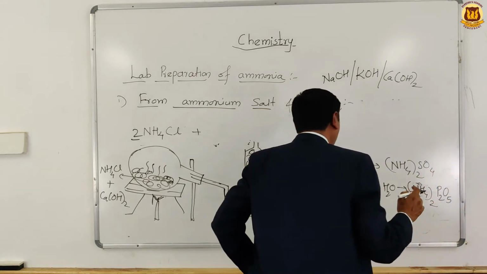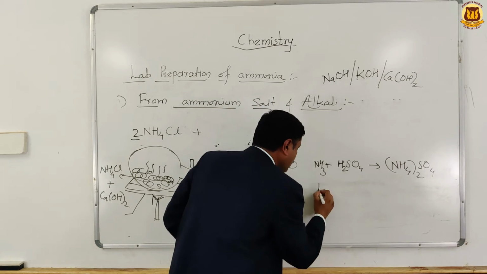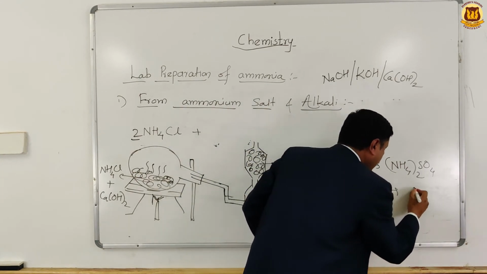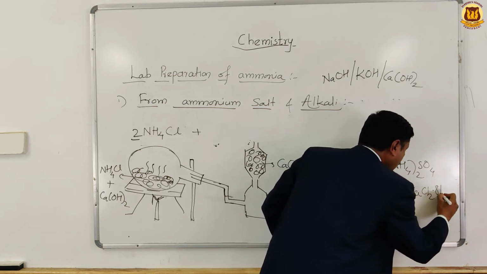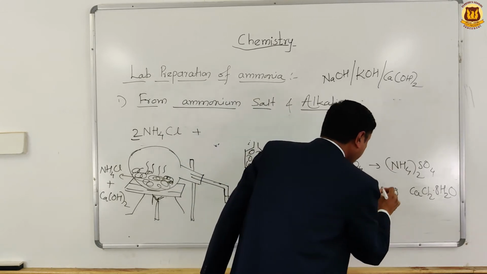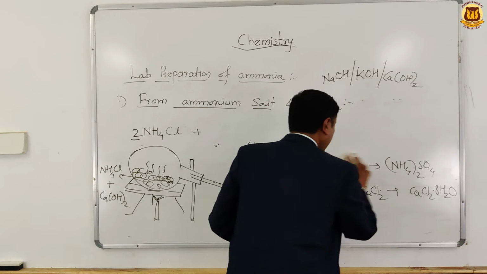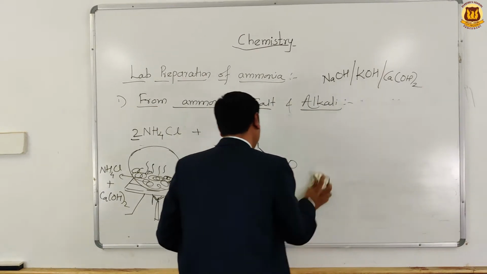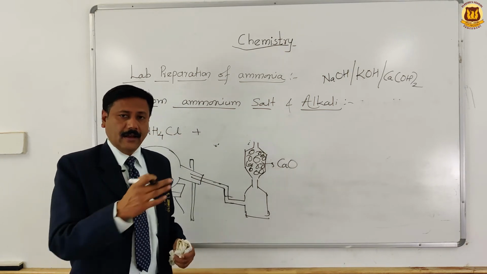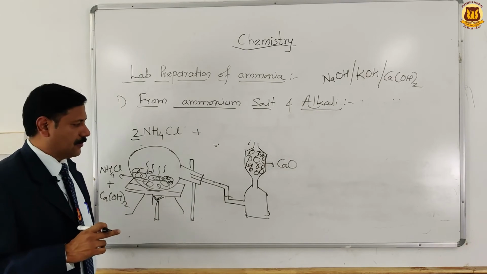Okay, that is an addition product. Even with calcium chloride, CaCl2 dot H2O, ammonia forms an addition product. So it reacts with H2SO4 to form ammonium sulfate, forms ammonium phosphate, and an addition product with calcium chloride.